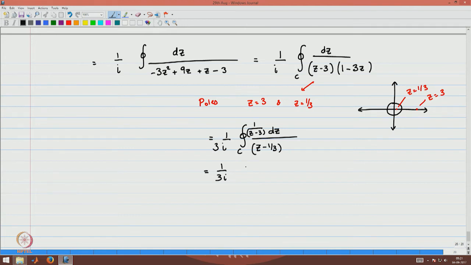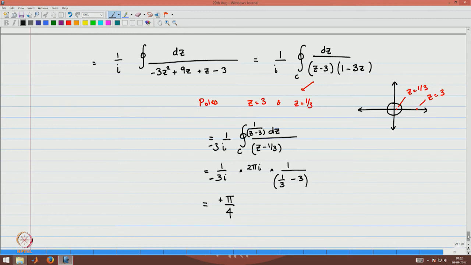So, it will be times 2πi. Now, the remaining function is 1 over z − 3, evaluated at z equal to 1/3. So, that is 1 over (1/3 − 3), which is 1 − 9, that is −8. The 3 and i will cancel, so what I get is −π/4. Oh, no, there should be a minus sign here. It is z − 1/3 that pulls off a minus sign, so it will become plus. Yeah, so it is plus π/4.